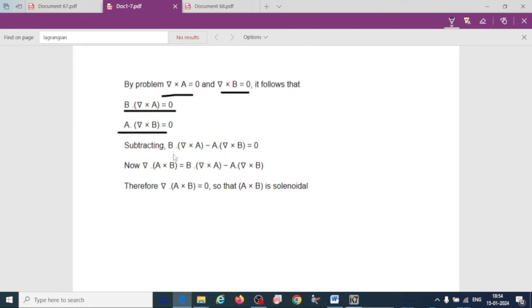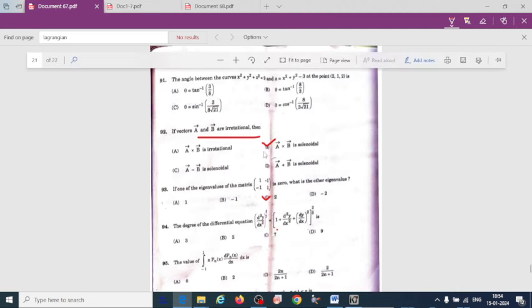If we subtract these two terms, then we will have, according to the vector triple product, del dot A cross B is equal to what? 0. That means A cross B is solenoidal.